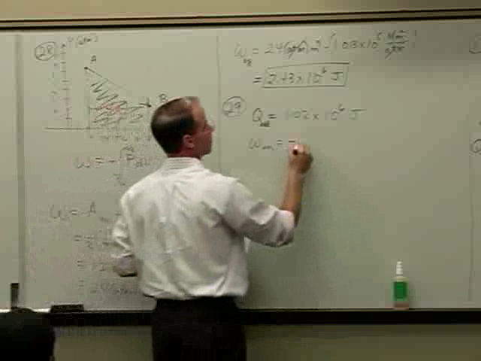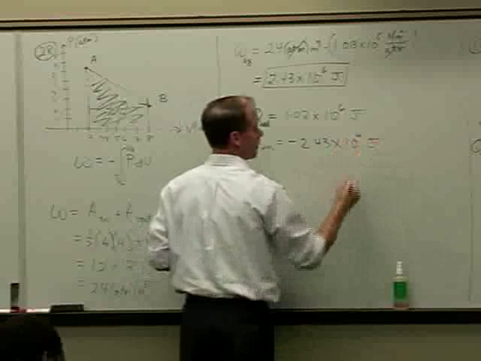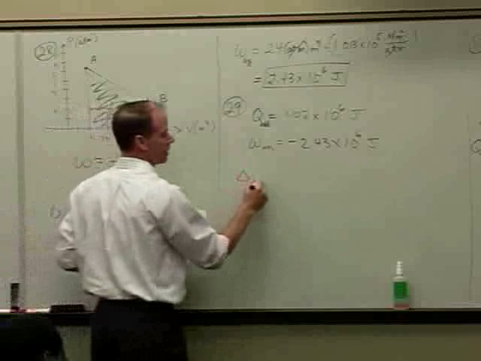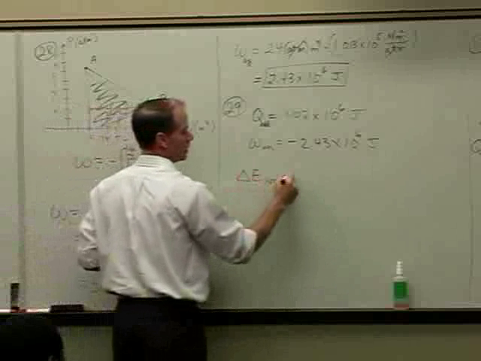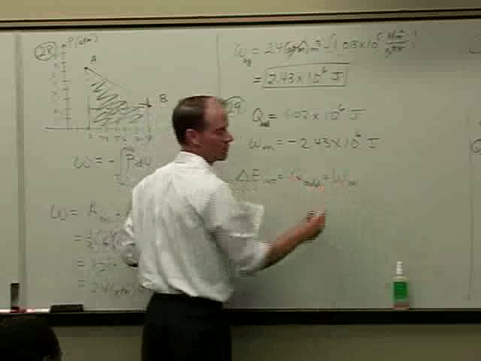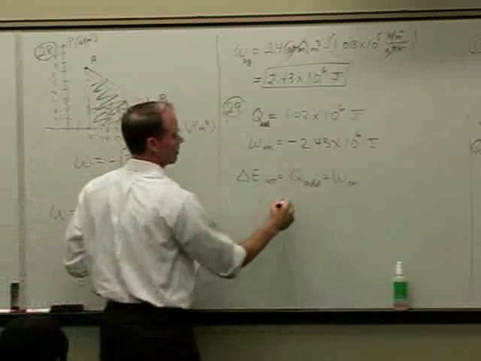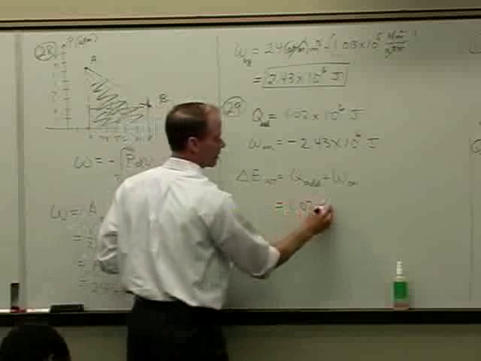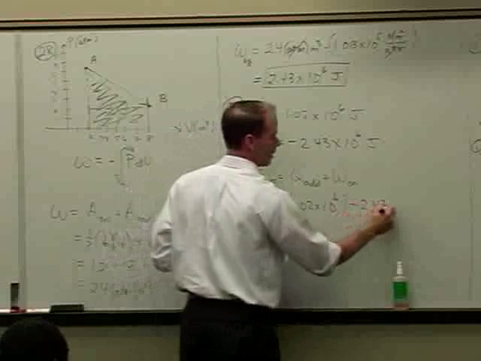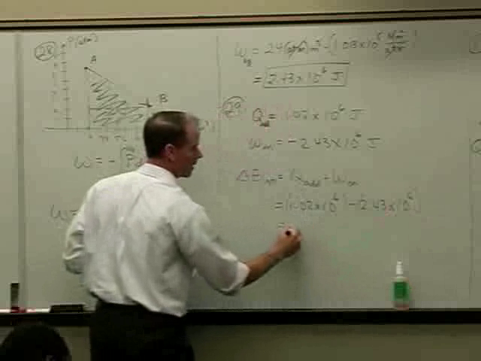So the work done on the system would be negative 2.43 times 10 to the 6 joules. And by the first law of thermodynamics, the change in internal energy is equal to the heat added to the system plus the work done on the system. In this case, that would be 1.02 times 10 to the 6 minus 2.43 times 10 to the 6, which gives us negative 1.41 times 10 to the 6 joules.